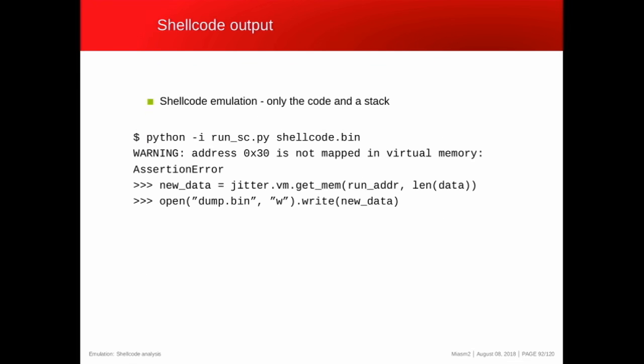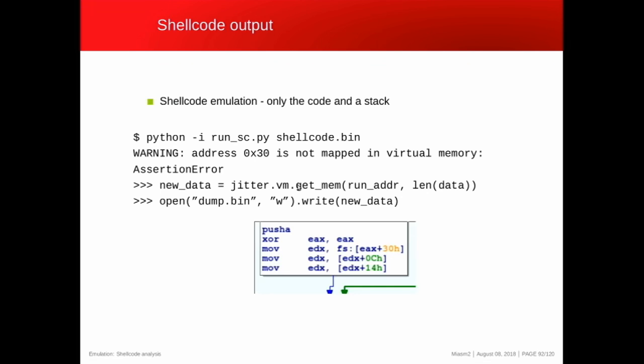So if we just use what we've done so far, that is to say only the code and the stack, we run the shellcode, and Miasm will crash, but it is normal. It's kind of a try-and-die approach, because the emulation is minimalist, it will put your finger just on exotic things when the shellcode is trying to do something that is not quite usual. But actually, it has decoded itself, so we can get back the memory and inspect why there is a crash, and inspecting it, we'll find this code.